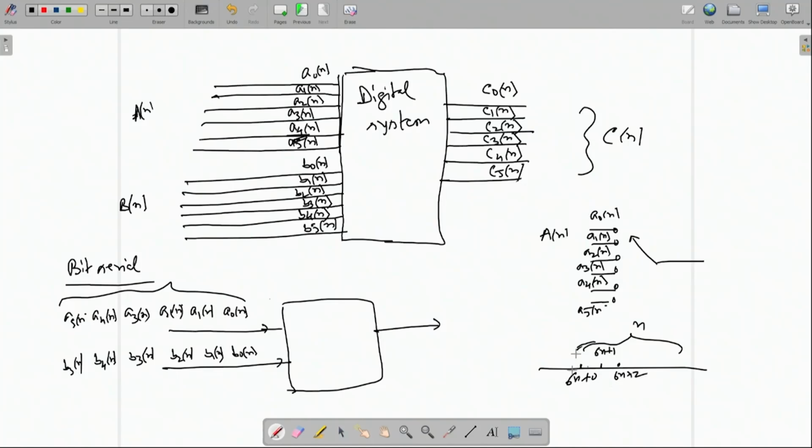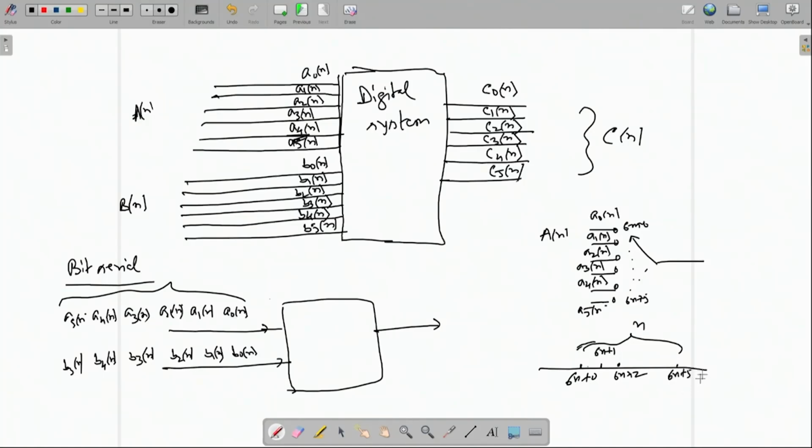So, at 6n plus 0, A0n goes in. At 6n plus 1, A1n goes in. At 6n plus 2, okay. So, actually it is 6n plus 0 and so on, dot dot dot, 6n plus 5, dot dot dot. Okay, that is what goes in. So, last one is 6n plus 5.